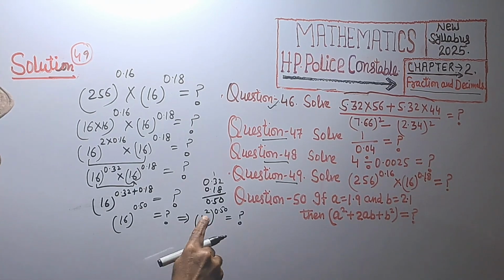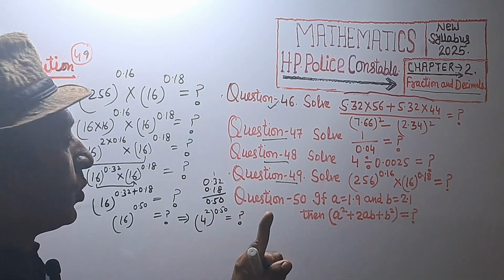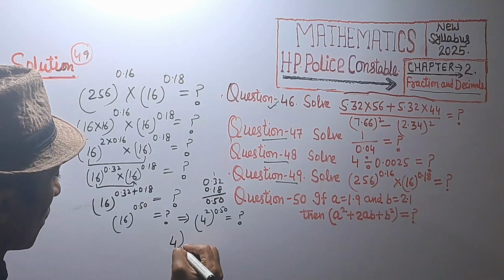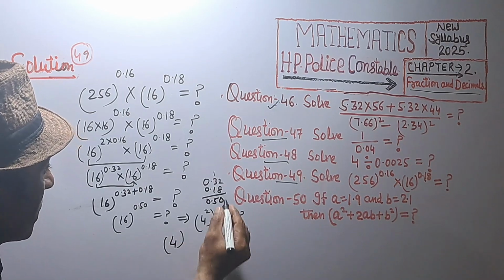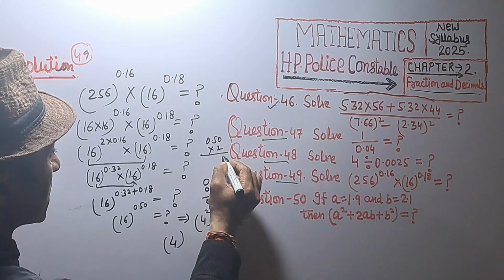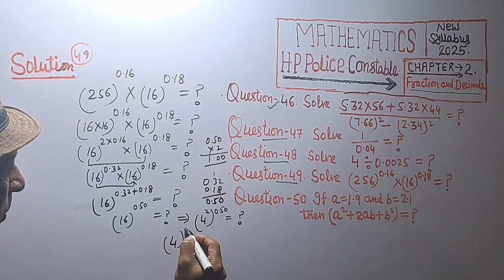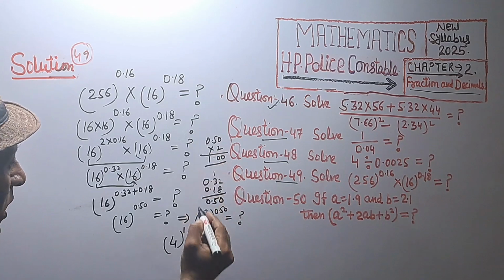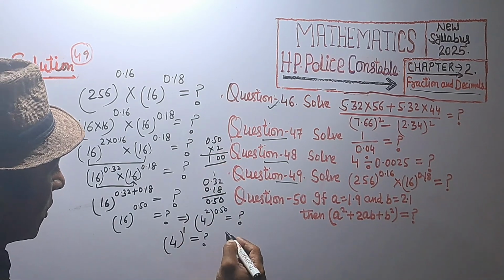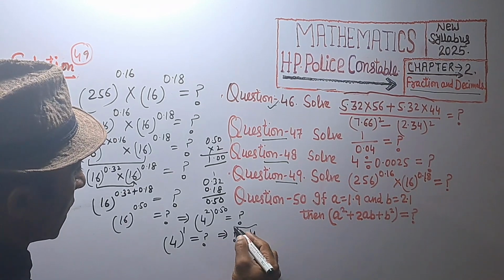And 50 multiplied by 2 is 100, so 4 raised to power 0.50 into 2, that is 1.00, power is 1. So ? is equal to 4.